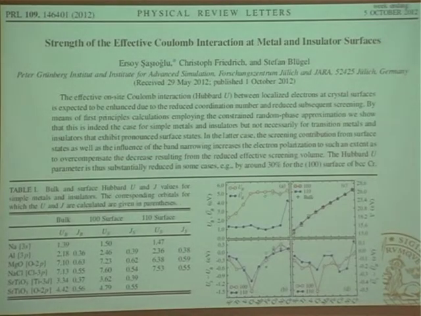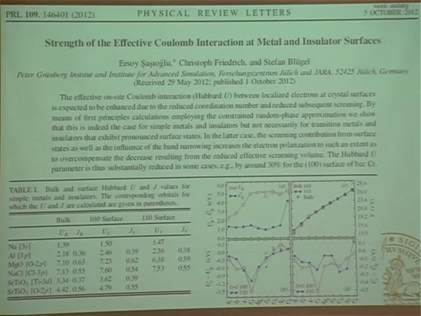And I found a paper on calculations of the U for metal-insulator surfaces, and I found an interesting effect. If you calculate the U for the surface, you might expect that it should be bigger than in the bulk because you have less screening. You only have half of the bulk. So you expect a bigger U for the surface.